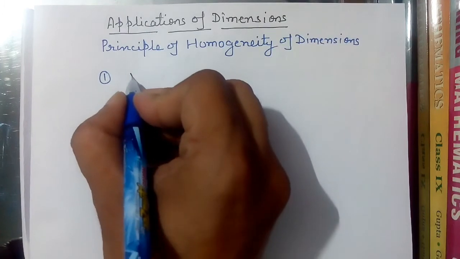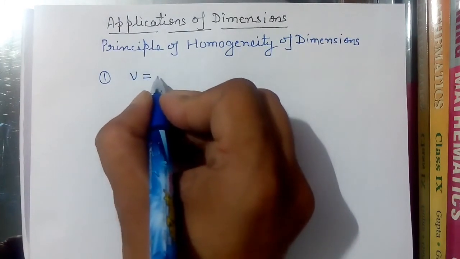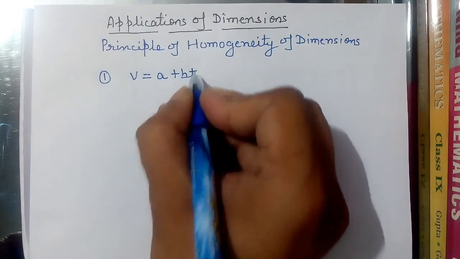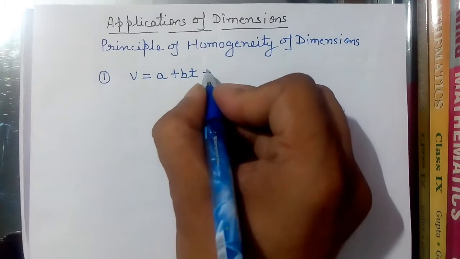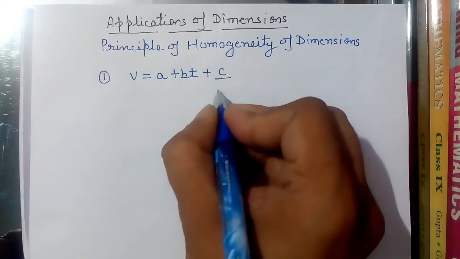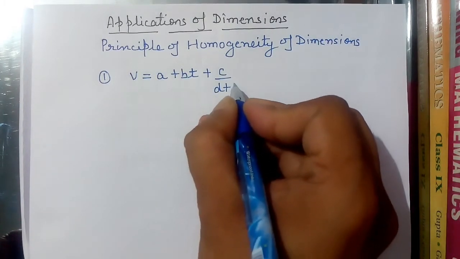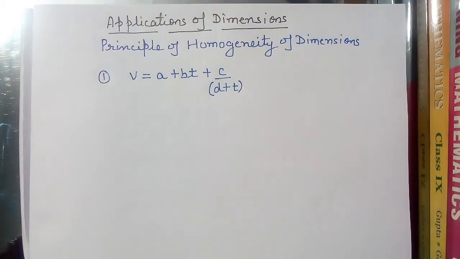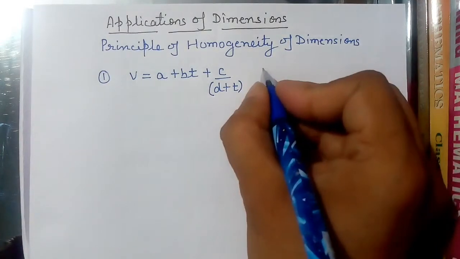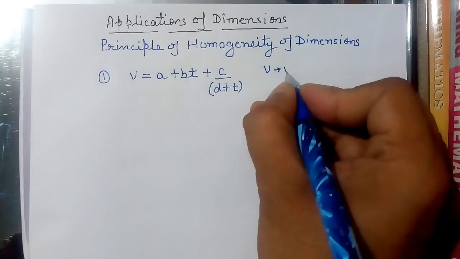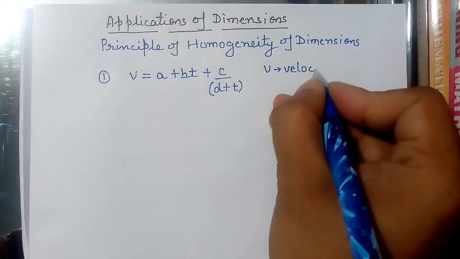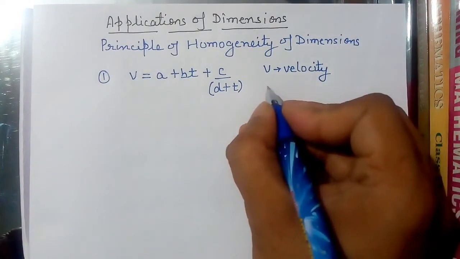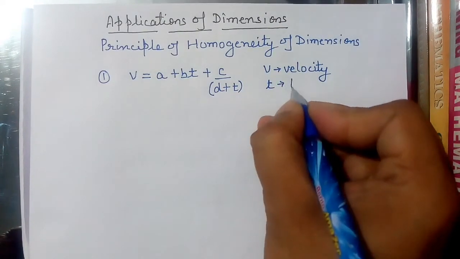This is V is equal to A plus BT plus C upon D plus T. This is an equation given to us where V is the velocity of a particle and T is time.